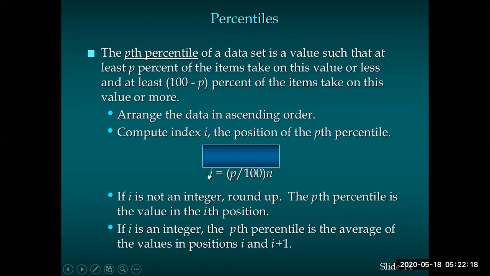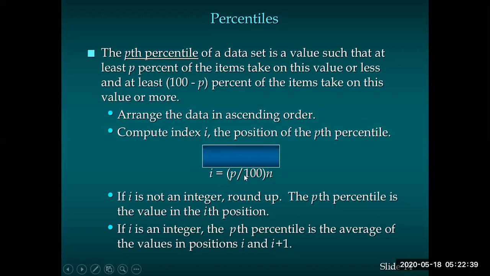It could be for a quartile as well. You know, the first quartile should be the 25% value. So p should be 25 for quartile 1. For quartile 2, it should be 50. The second quartile is also the median, and it's the 50th percentile. And quartile 3 should be 75 by 100 into n.